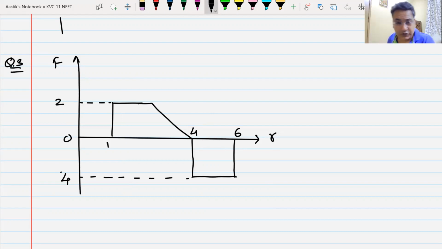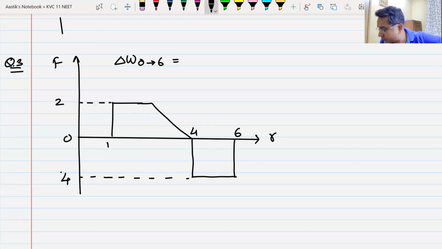So this is the new force displacement graph of any force. You have to find out the work done by this force from 0 to 6. You have the question in front of you. You've got 2 minutes to give me the answer.